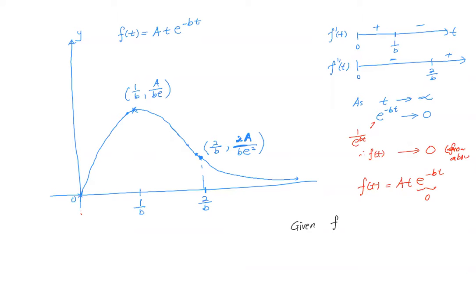f(t) is equal to 5t e to the power negative 0.1t. Then I will ask you a question like, when does the value of f(t) reach its maximum? I can ask a question like that, and I only give you 1 mark. Do you know how I answer this part?